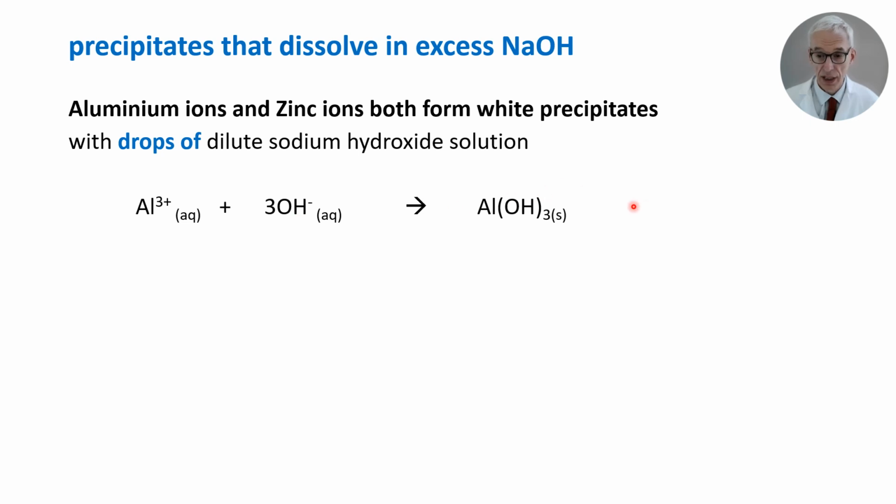This is the ionic equation. Can you write an ionic equation for the formation of zinc hydroxide from zinc ions? Pause, write your equation, come back to check and correct when you are ready.